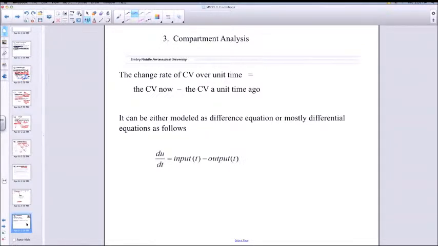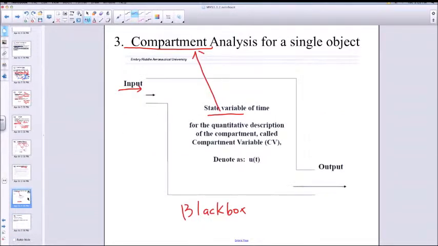So what you are focusing on is the first principle. What's the first principle? Anything change on the boundary. If nothing happened in the input and the output interface, nothing will change inside of this box. That's the first principle.